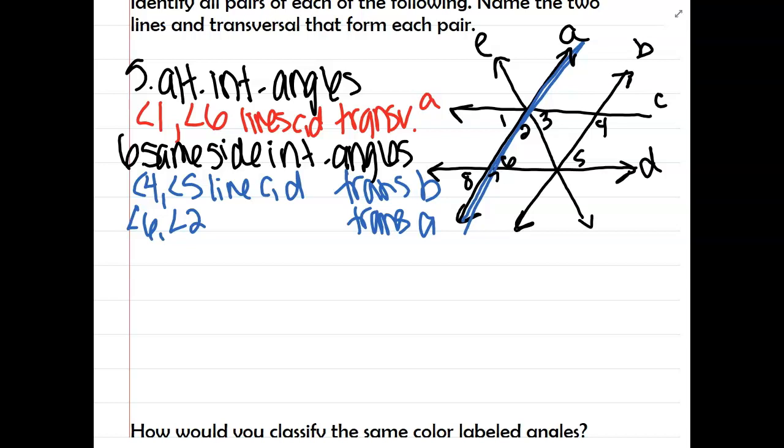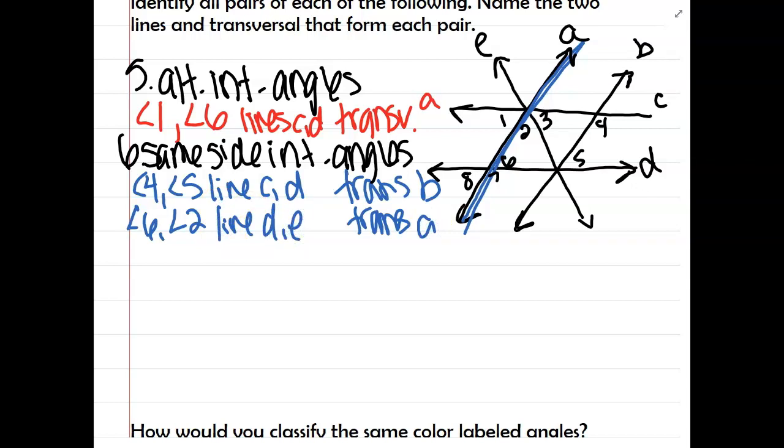I had C and D, but I don't think that's right. These are so hard. I think it's D and E. Yeah, D, this line and this line. It's D and E. See this line right here? D and E, that's the one it is. I had the wrong answer in my notes, and I told you the wrong answer. It's lines D and E.